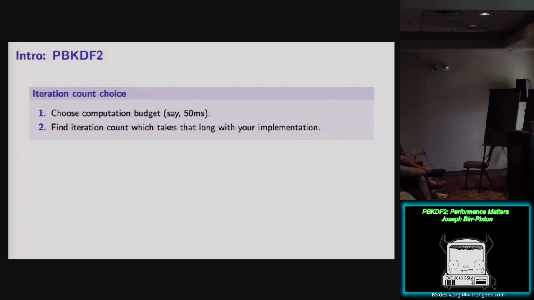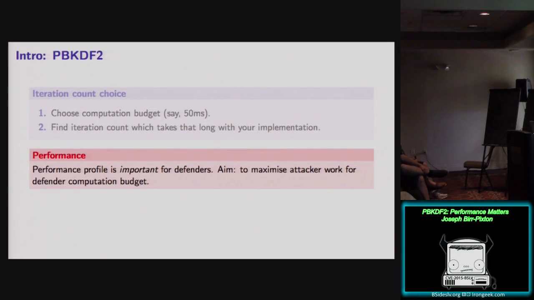And the problem is, if your PBKDF2 is, say, 4 to 10 times slower than it could be, then you're either giving a 4 to 10 times advantage to your attacker, who has a boatload of GPUs, or you're just wasting the user's time and power and general energy, and it's just a disaster. So the main thing that defenders want to do is maximum attacker work for the work that they have to do, and I think they're kind of failing at this.